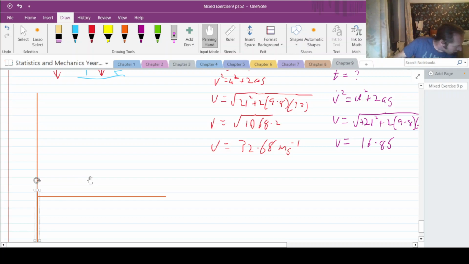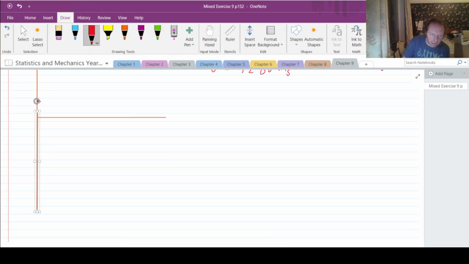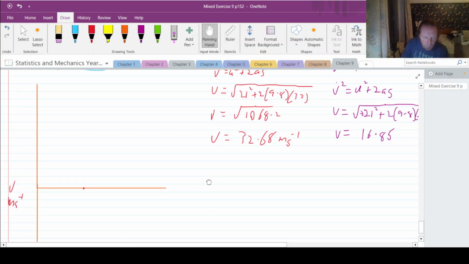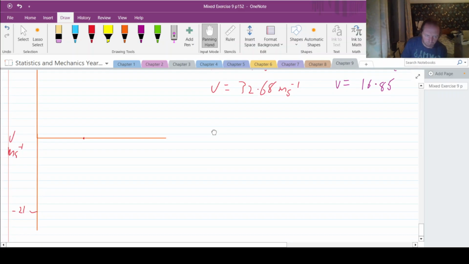So if we start at minus 21 meters a second, here's velocity in meters a second, and we've got minus 21 down here. When the velocity is 0, that is the moment that we hit the top, and we have been traveling at 9.8, and then it just continues getting faster and faster until we hit the ground.